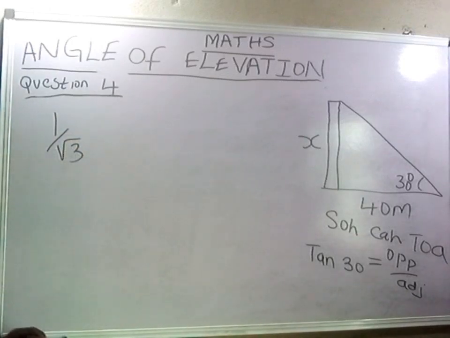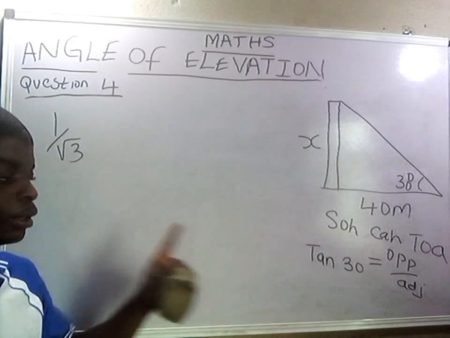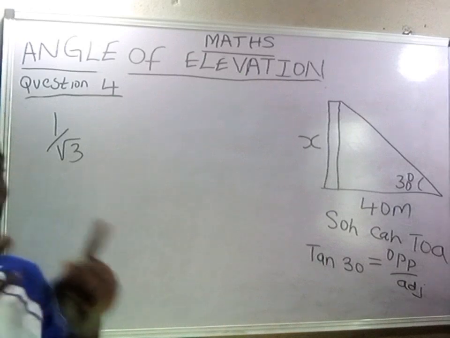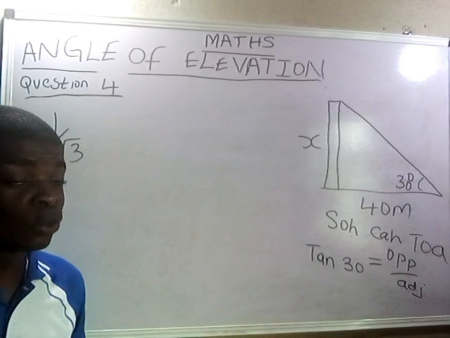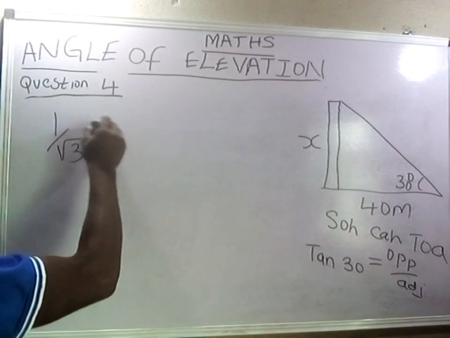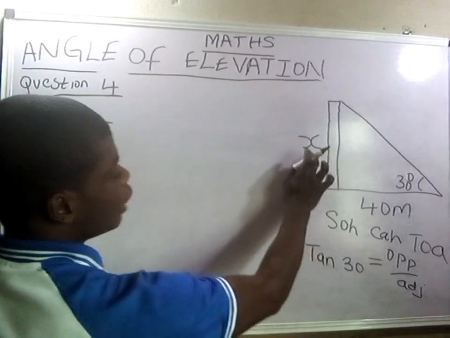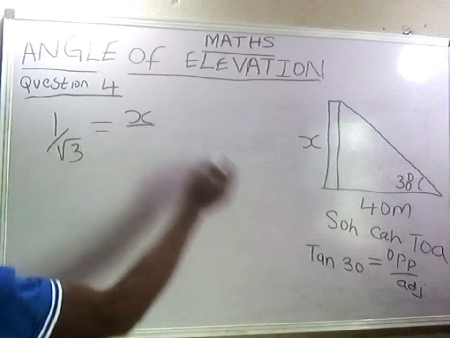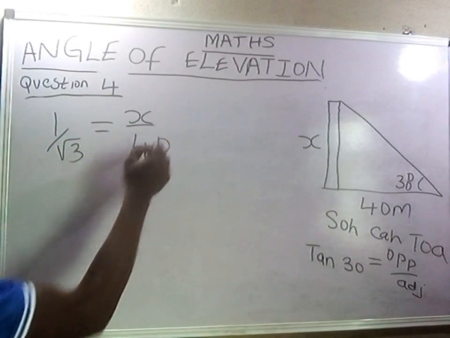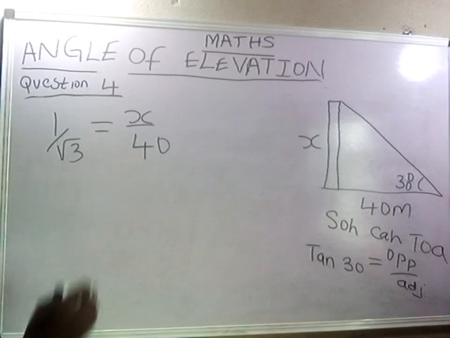Ensure you learn and master your special angles, because I'm going to upload a video on how to remember your special angles. So tan 30 is 1 over root 3 equals your opposite, x unknown, over your adjacent, 40. The next step is to cross multiply.